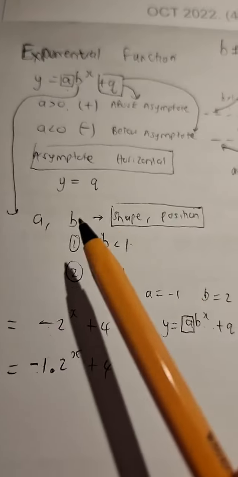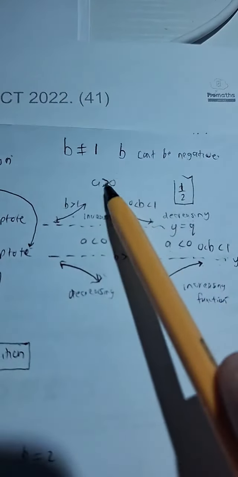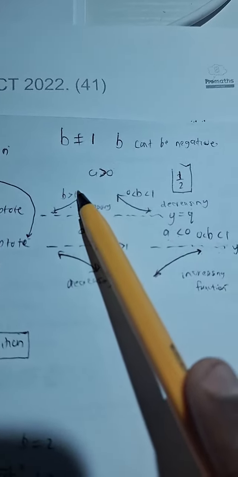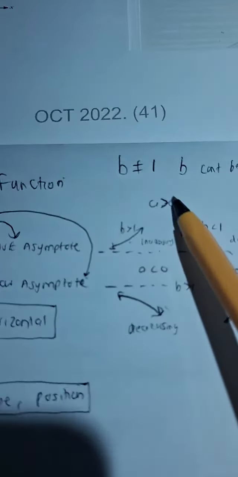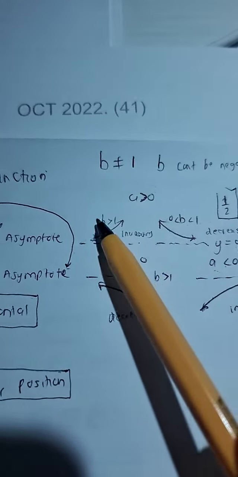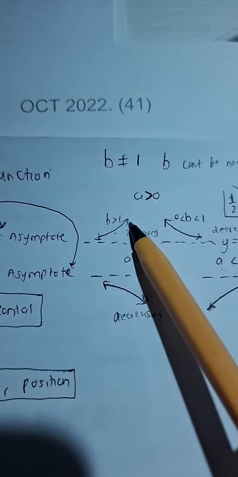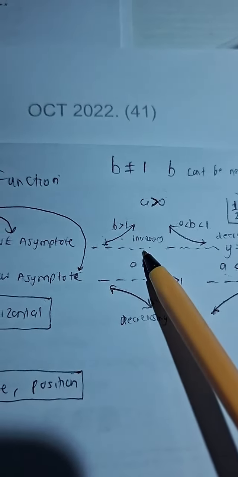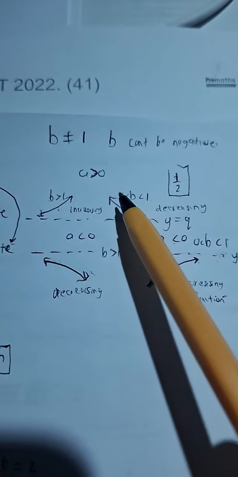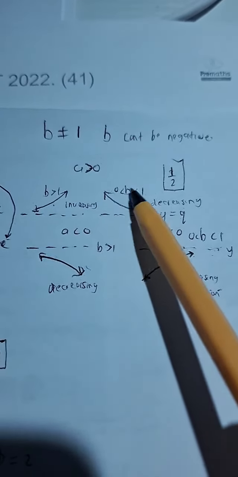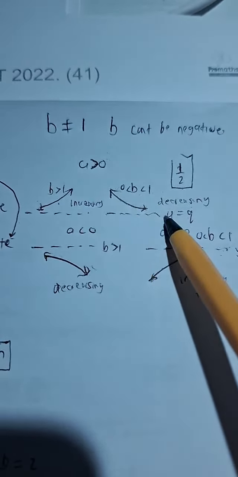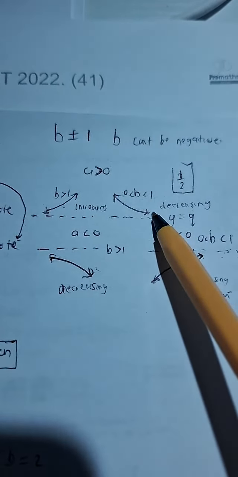Simultaneously, when you understand the combined effect of a and b under different situations. For instance, when a is greater than 0 and b is greater than 1, the function is increasing, it's found above the asymptote. When a is greater than 0 but at the same time b is between 0 and 1, the function is found above the asymptote still, but it is decreasing.